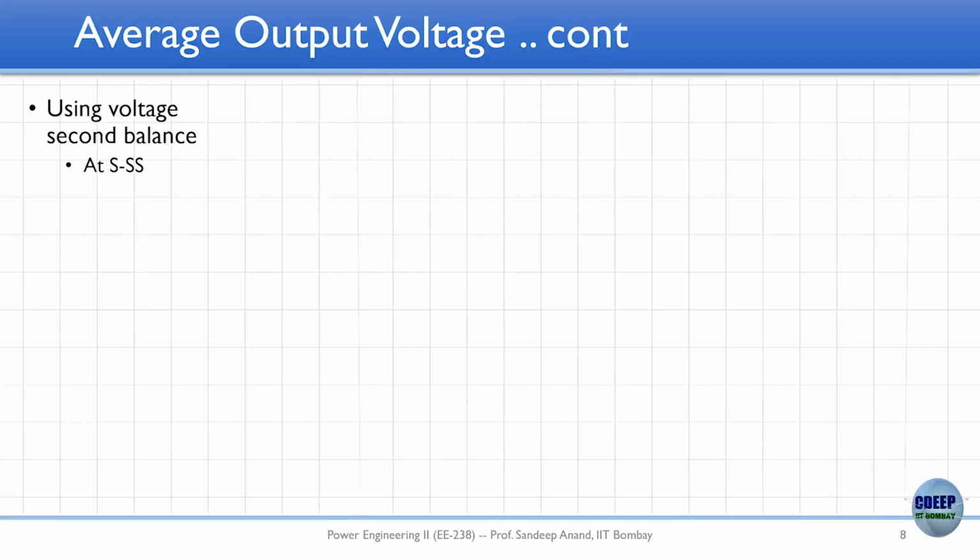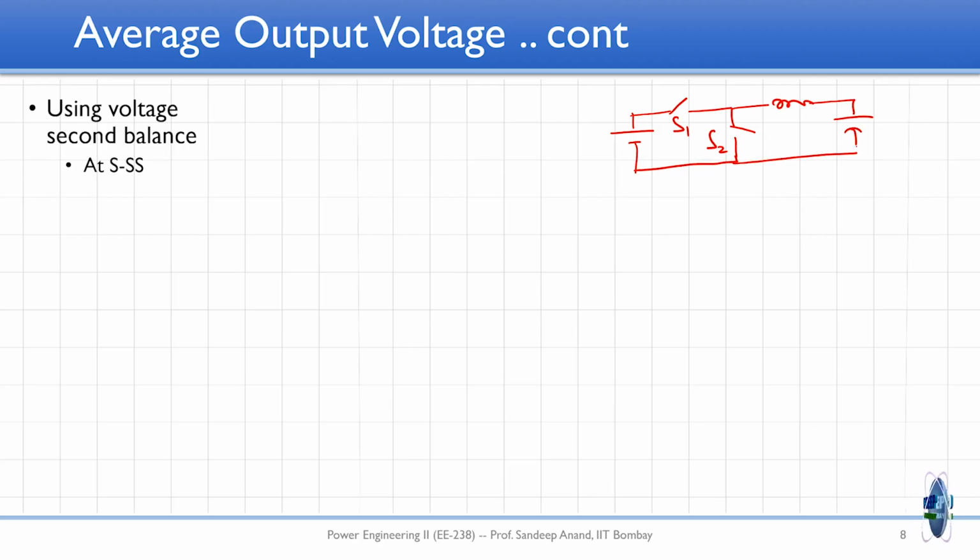So first, let me just quickly redraw the buck converter. S1, S2, RCL. This is direction of IL. This is polarity of VL.